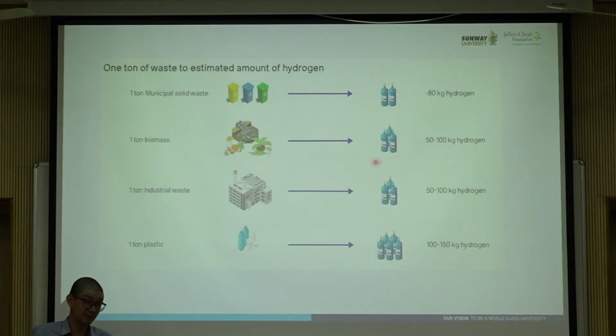Currently the plastic is the highest, so people tend to convert plastics into hydrogen. Now people tend to process plastic waste through gasification to produce hydrogen energy. Industrial waste is also 50 to 100.